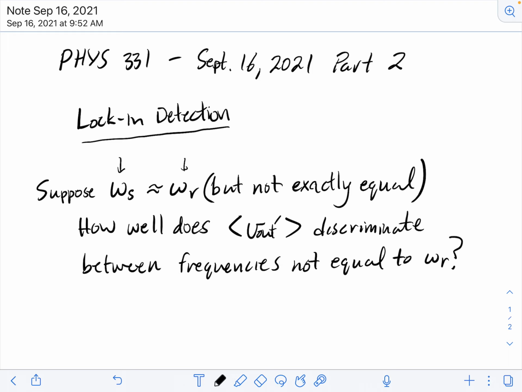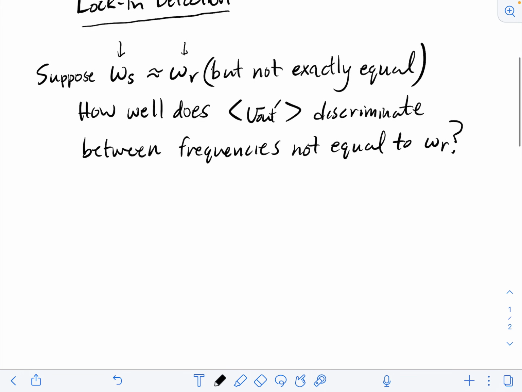The prime means that we've done some filtering so that only the low frequency terms survive. And then the angle brackets is our time average. So how well does this quantity discriminate between frequencies that are perhaps close to omega r but not exactly equal to it?